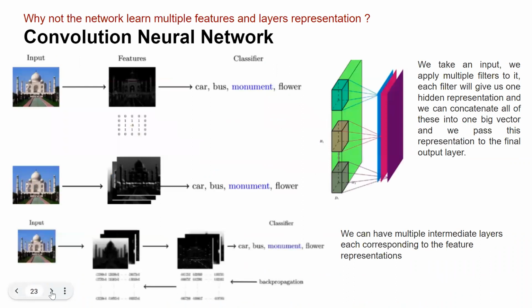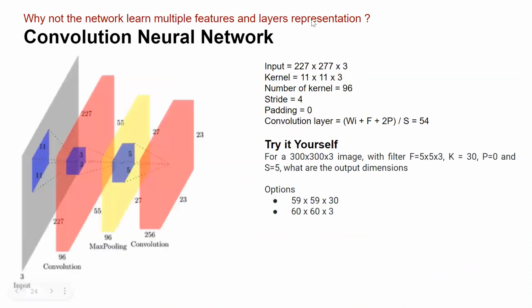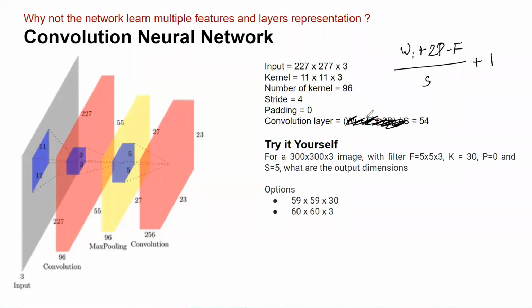Okay. So the formula is (Wi plus 2p minus f) upon s, plus 1. This is the formula. Okay. So what is my Wi?